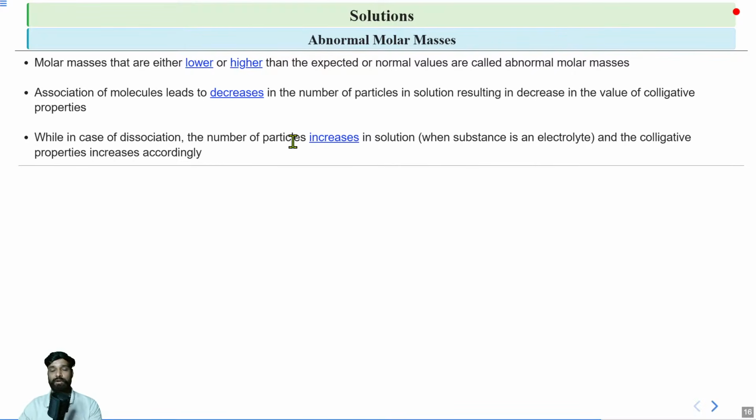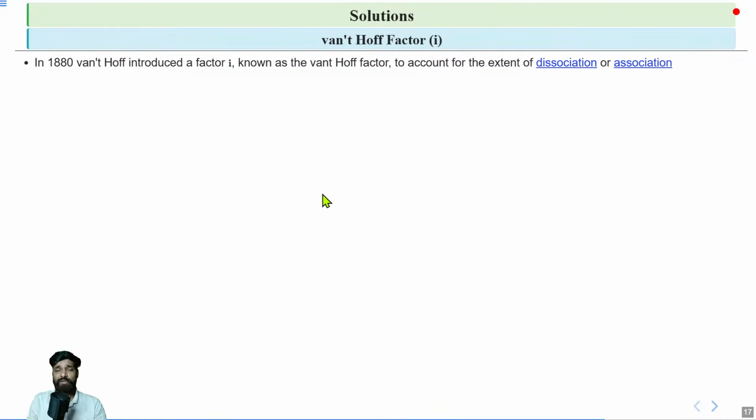Okay. Now, if this is clear to you, we will move on to the Van't Hoff factor. I will directly discuss the working formula, which is important for your exam. This was introduced by Van't Hoff in 1880 to account for dissociation and association. Now, in some cases the association or dissociation is not completely occurring.